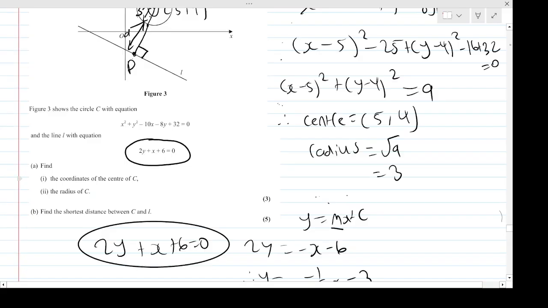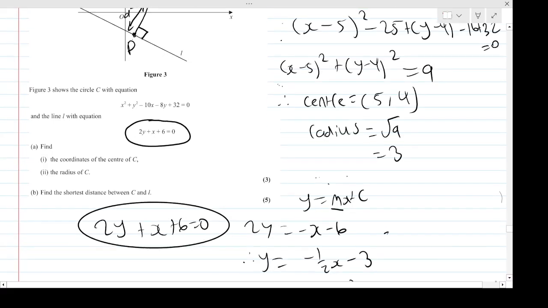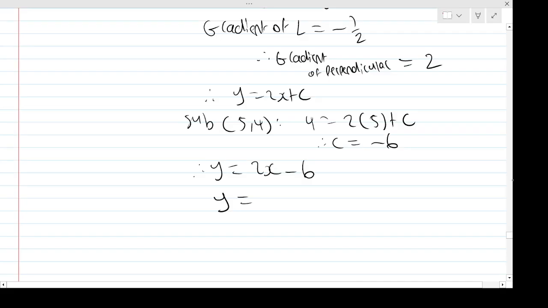I could substitute the original equation, but I rearranged it quite nicely to y is minus a half x minus 3, so I could just substitute that in, because I'd have to rearrange the other form anyway. So I equate them together because they are equal at the intersection. I'd have minus a half x minus 3 is equal to 2x minus 6.